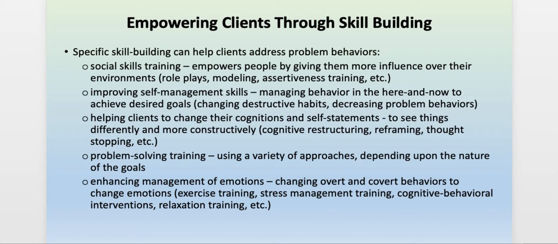They can change destructive habits like smoking or drinking, perhaps, decreasing problem behaviors, helping your clients to change their thoughts and their self statements so that they can see themselves and the world around them differently and more constructively through interventions that involve cognitive restructuring, reframing things, the use of thought stopping, cognitive behavioral therapy, etc., etc.